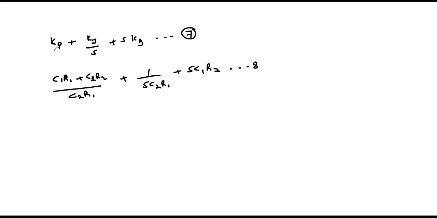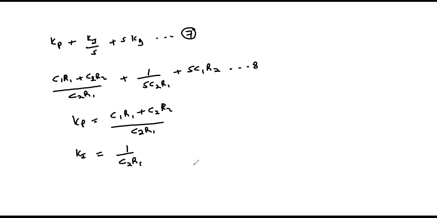So if we compare the constant term, then we have Kp equal to C1 R1 plus C2 R2 divided by C2 R1. Our Ki will be equal to, so we compare the terms that have 1 over S, and the constant Ki will be equal to 1 over C2 R1.